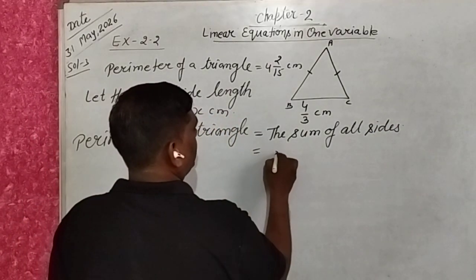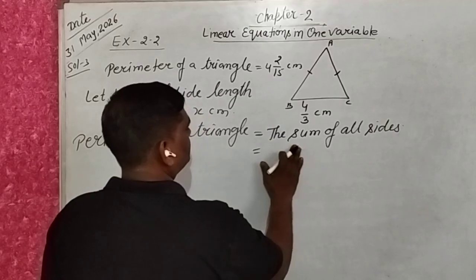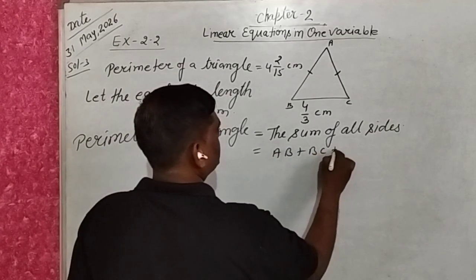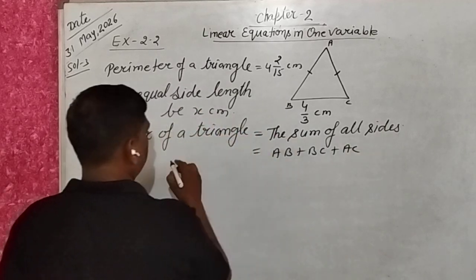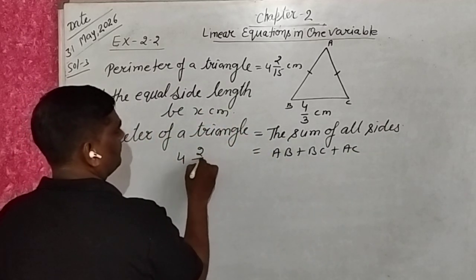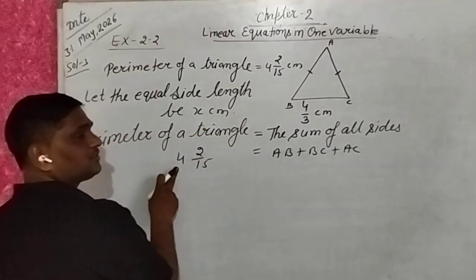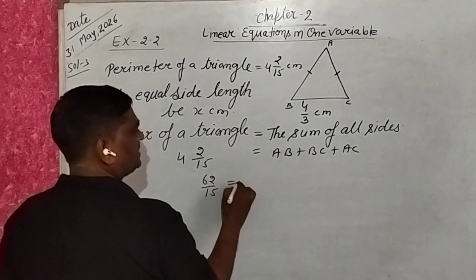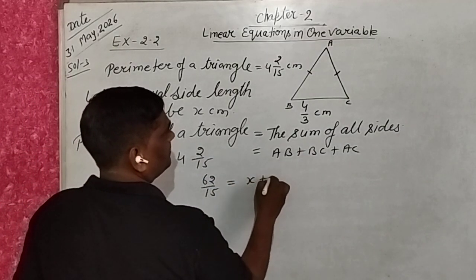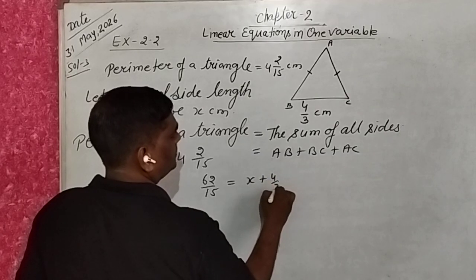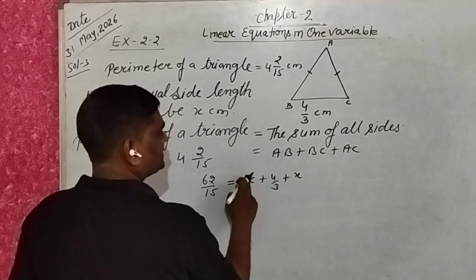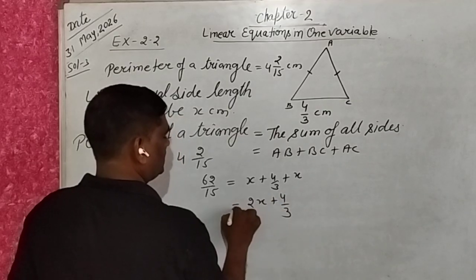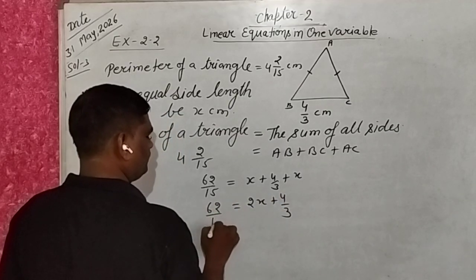You have given AB plus BC plus AC equal to 4 2/15. 4 times 15 is 60, so 62/15 is equal to x plus 4/3 plus x, that is 2x plus 4/3 is equal to 62/15.